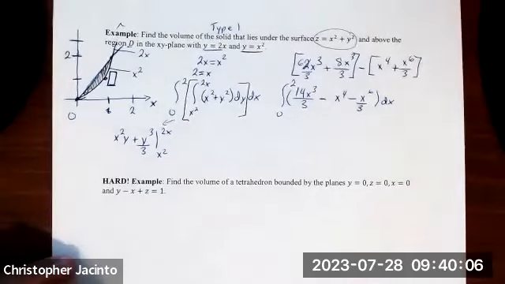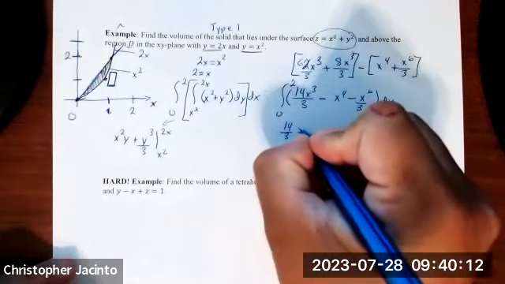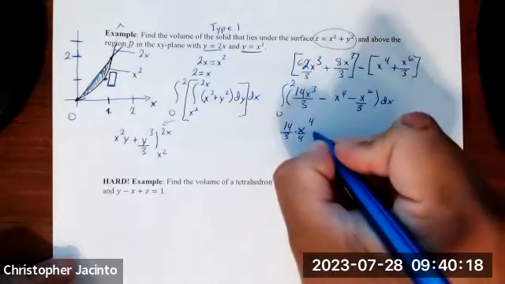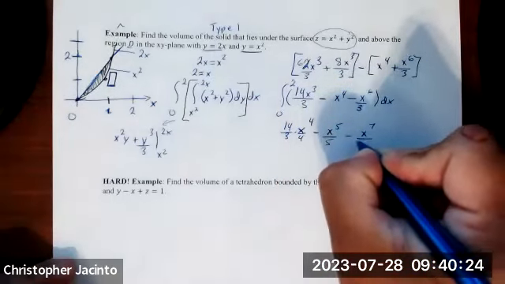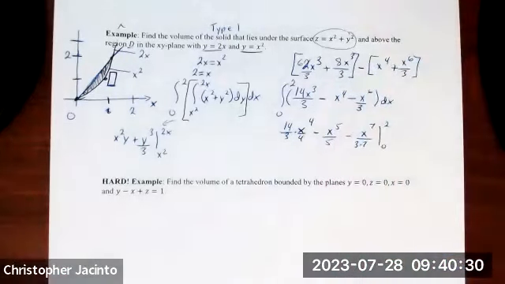Okay, so doing it one more time. So we get 14 thirds integral, and it's going to be x to the 4th, so times another fourth here. Just do it separately. Minus x to the 5th over 5 minus x to the 7th over 3 times 7 on the bottom. Evaluate it at 2 and 0. Okay, lots of stuff happening. So let's see. I actually don't have this answer. So 2 to the 4th times 14 divided by 12.